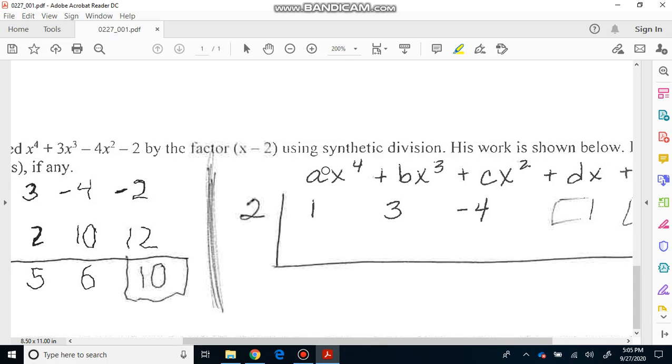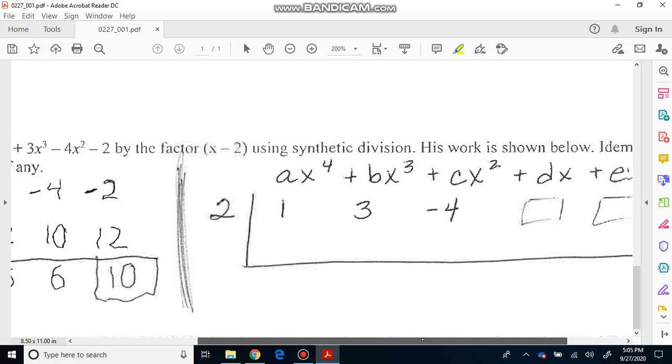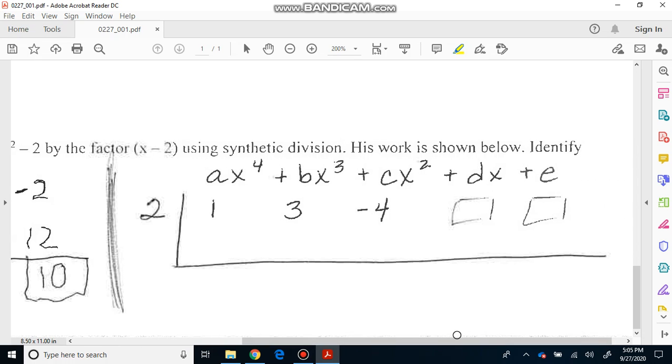On x to the 4th, there's no coefficient, so it's an implied 1. On x to the 3rd, b is equal to 3. X squared, c is equal to -4. That last number, -2, that's my e. That's what goes in here.